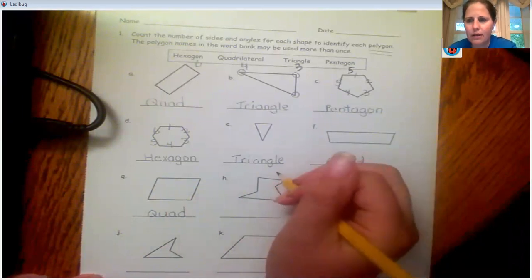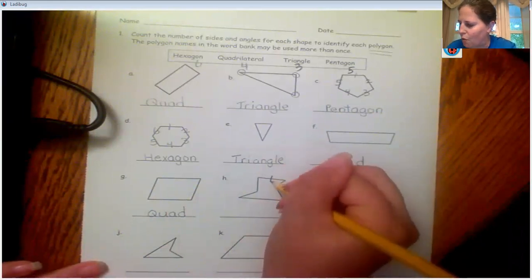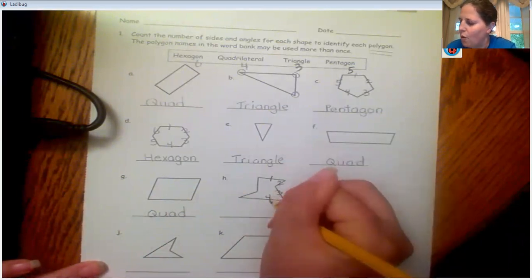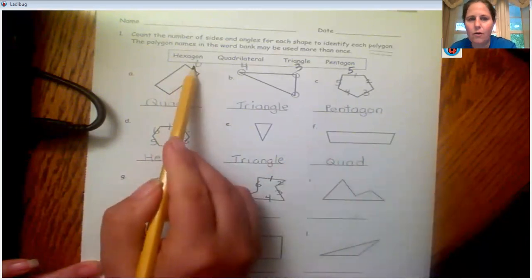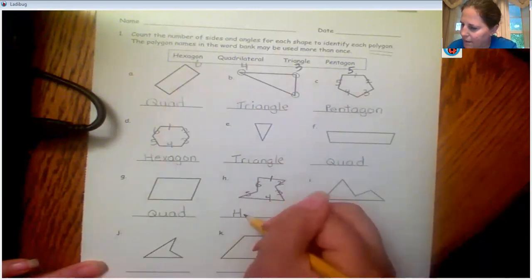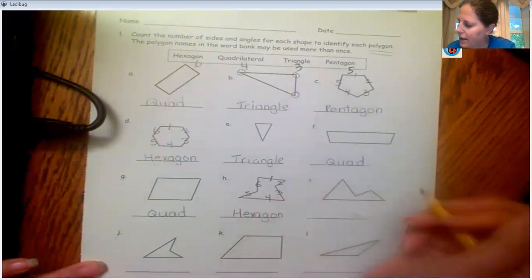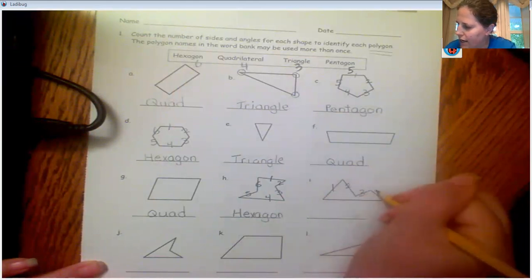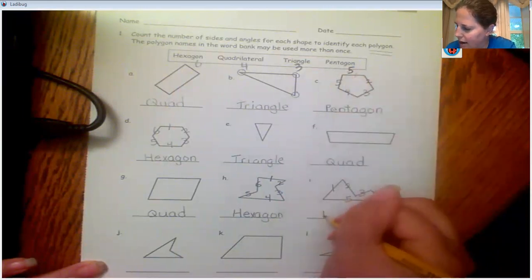H, let me count and label those sides so I don't skip any. 1, 2, 3, 4, 5, 6, I know is a hexagon. Letter I, 1, 2, 3, 4, 5 is a pentagon.